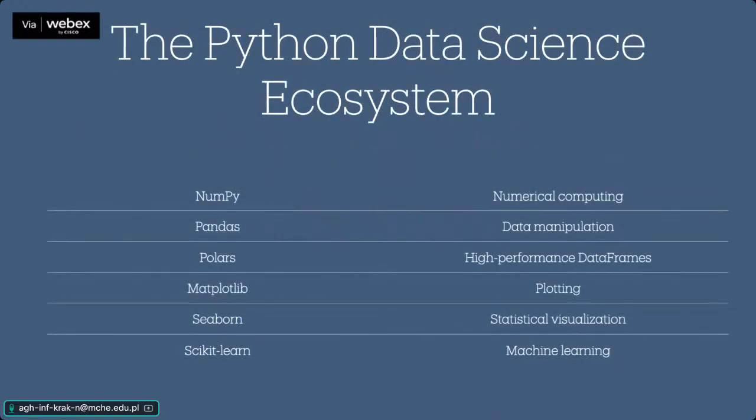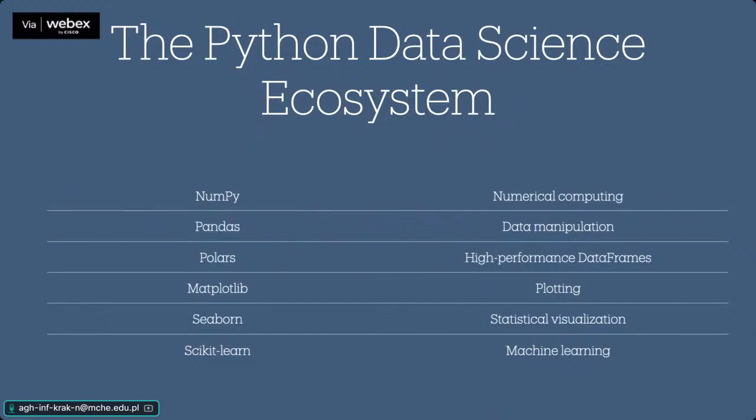We have many libraries, but these libraries are maybe not the most important but the most popular. You probably know them all. NumPy, of course, is the biggest library that you can find everywhere. In almost each of these libraries, NumPy is implemented.